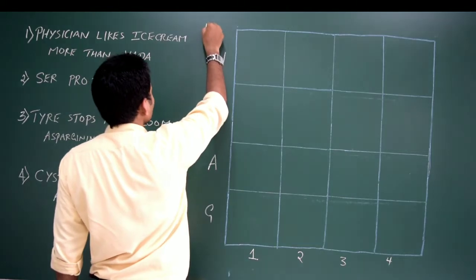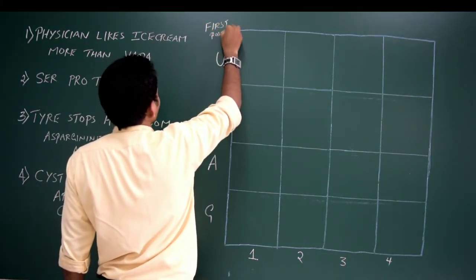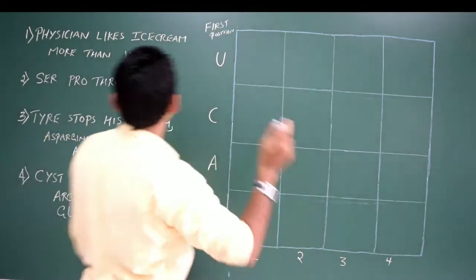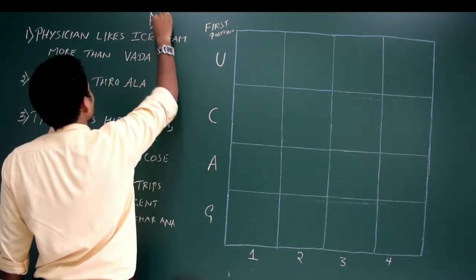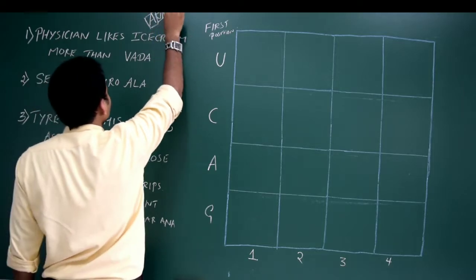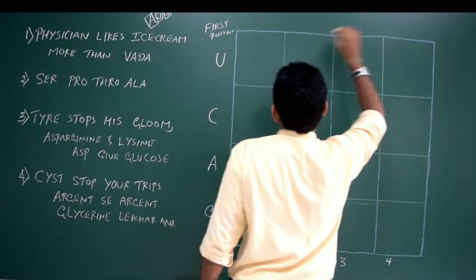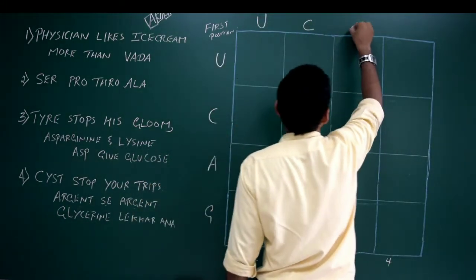This is the first position of the codon. For example, AUG: A is the first position of the codon, U is the second position, and G is the third position. Here we write the same 4 bases, UCAG.